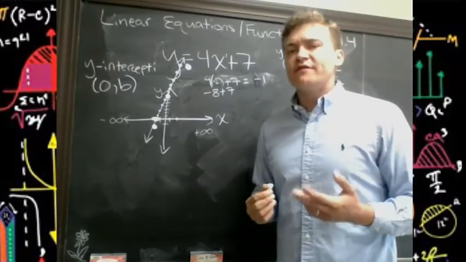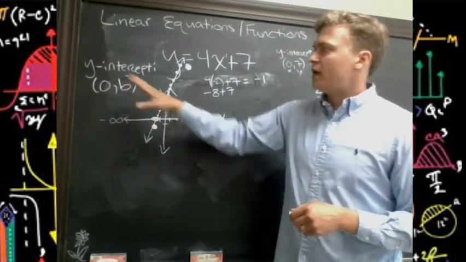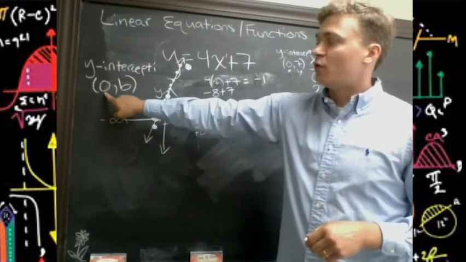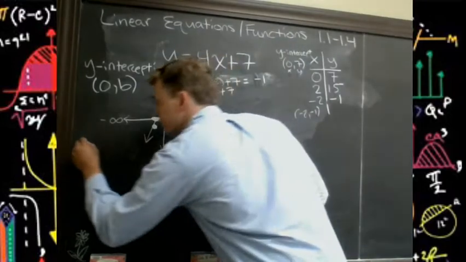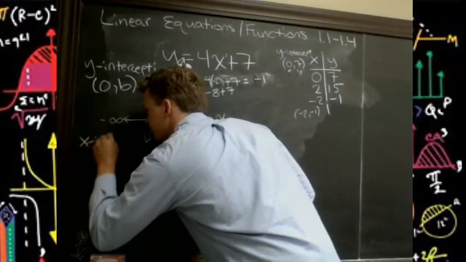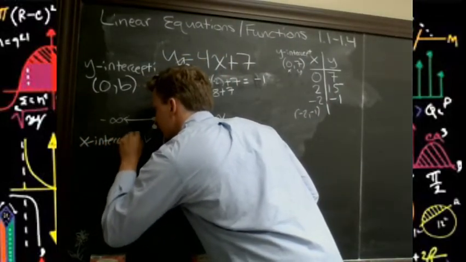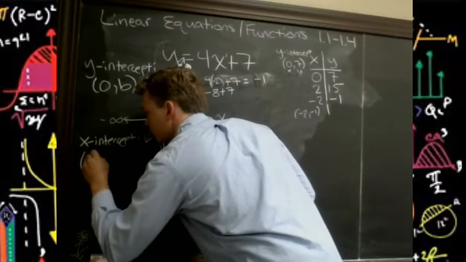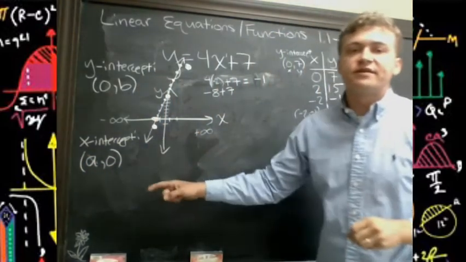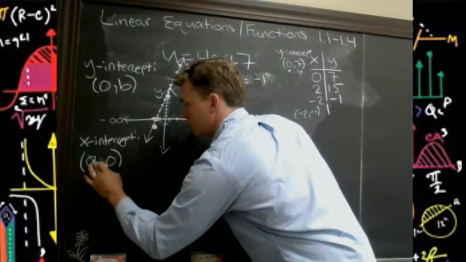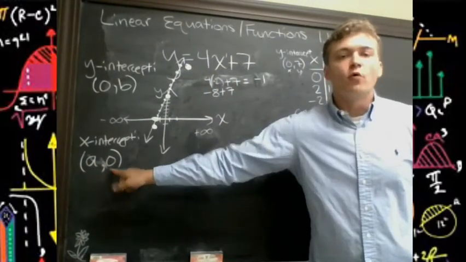How do we normally find the x and y intercepts? Well, again, if the y-intercept always has x-coordinate 0, then for the x-intercept, the y-coordinate is always 0.